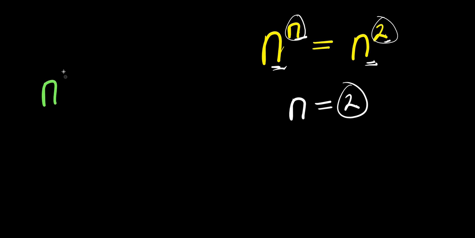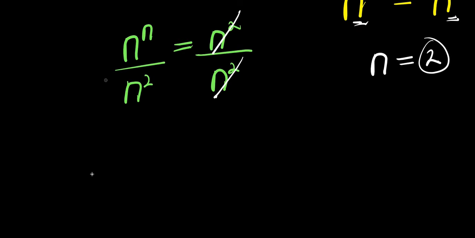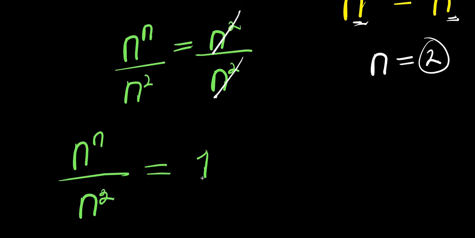So if you have n^n = n^2, I can divide this by n^2. So n^2 divided by n^2 gives 1. That means I'm going to have n^n divided by n^2 equals 1.